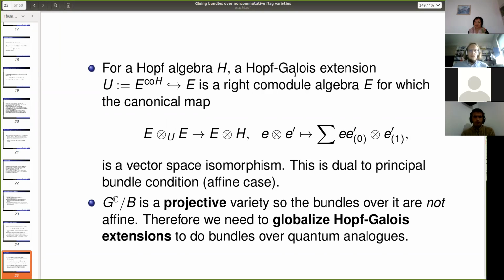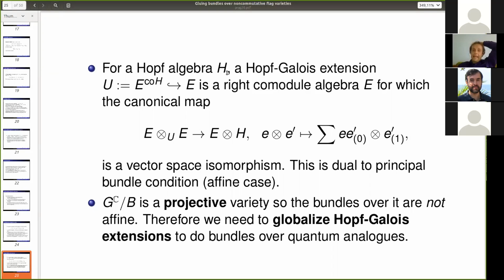Because if H is, I guess, a group algebra, or its dual, I'm not completely sure what the example is for classical Galois theory, then usual Galois extensions provide examples of these Hopf-Galois extensions.